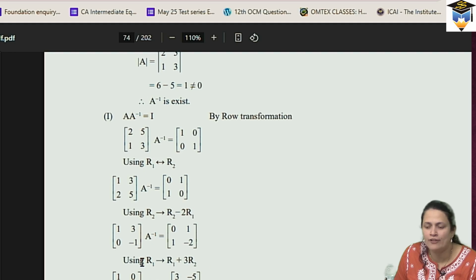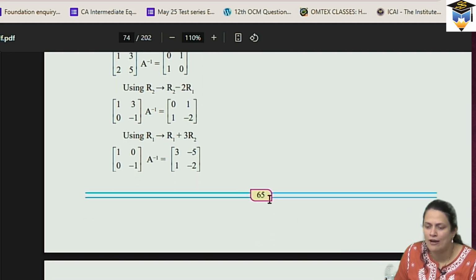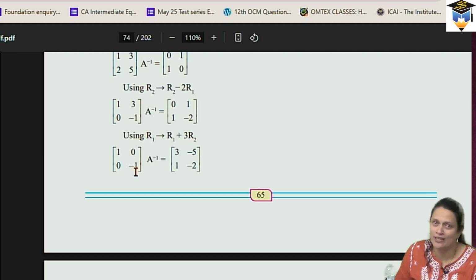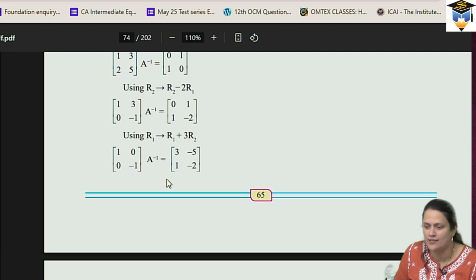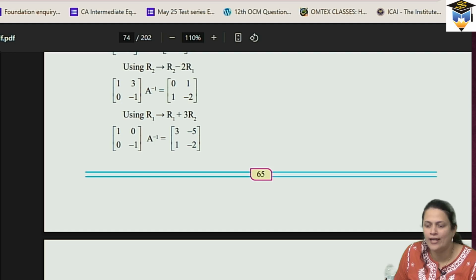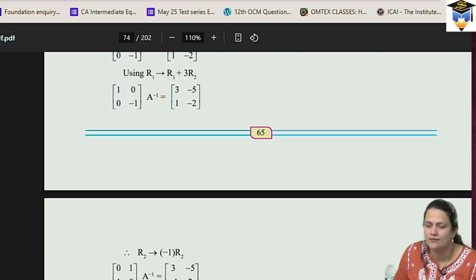Next step what they have done, they have again changed R1 such that R1 is R1 plus 3R2. So after doing this step, as you can see, 1 0 0 minus 1 we have got. So now what we are going to do, divide R2 by minus 1. So 0, 1, 1, 0 of A inverse is nothing but 3 minus 5 minus 1, 2.